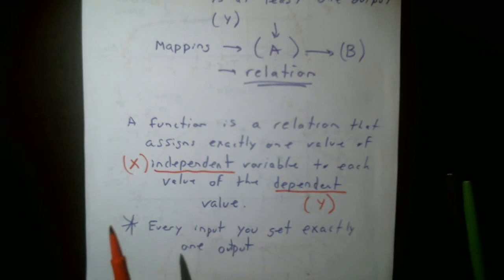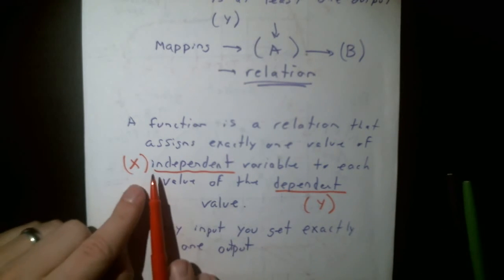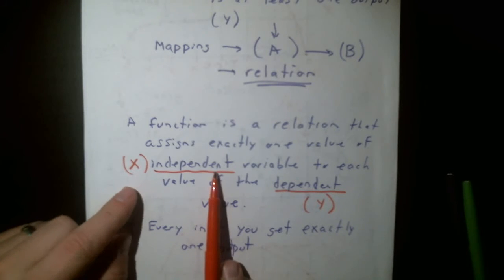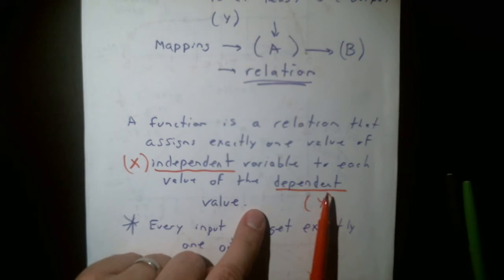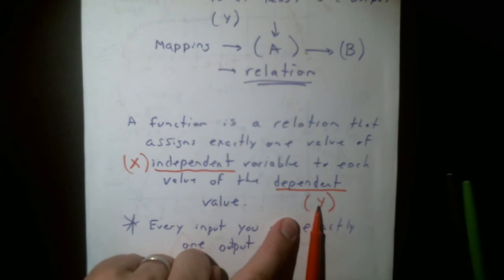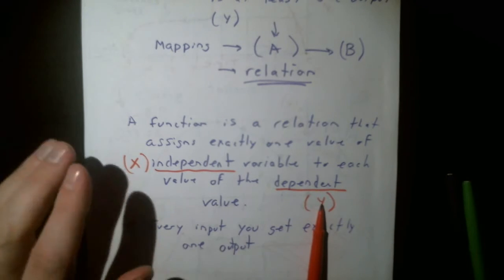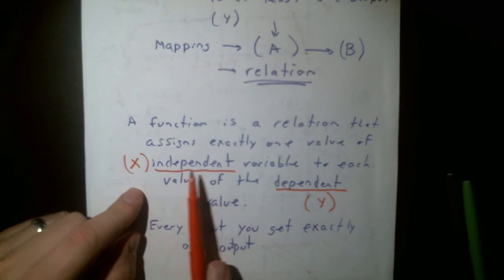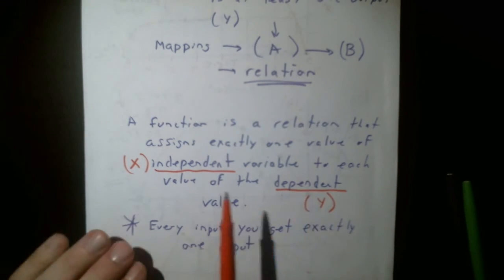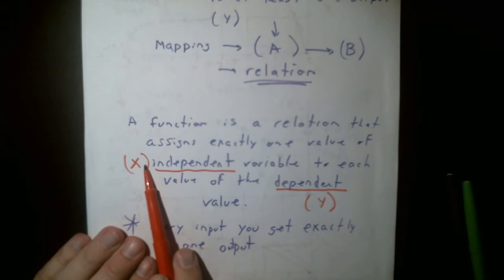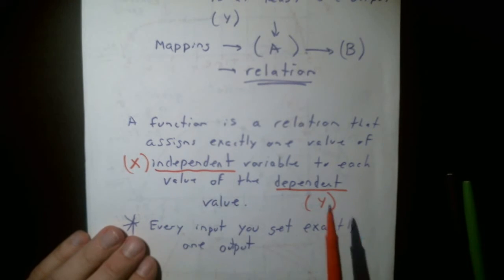And you're thinking, okay, I've heard that before, but I don't know what it is. Well, independent is an x value, and dependent depends on the x. It is the y value. So think about this. Your y's depend on x's. So that kind of makes sense.